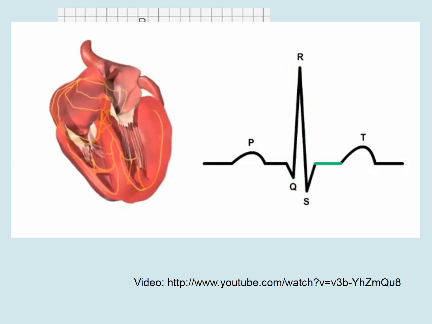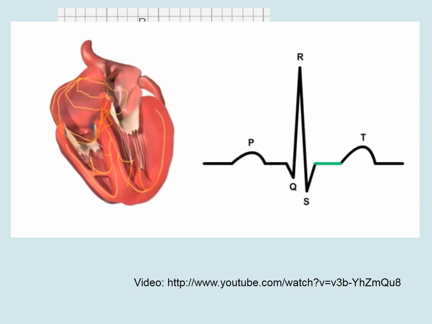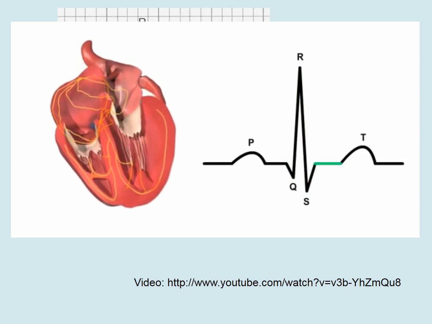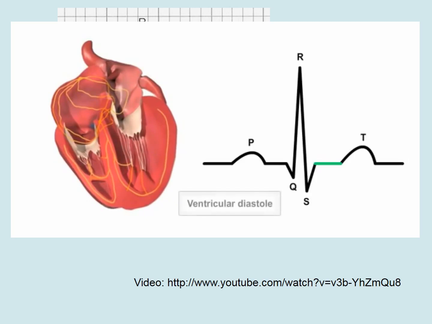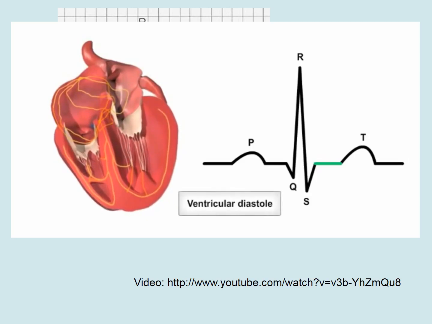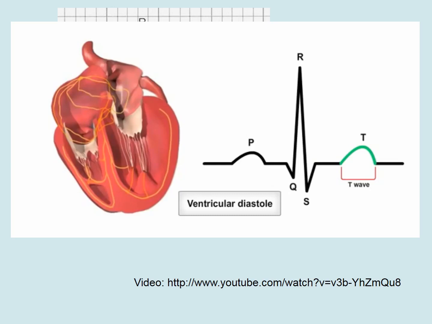This is then followed by a relaxation and repolarization of the tissue within the T wave. Here is the relaxation, the diastole, followed by the repolarization in the T wave.